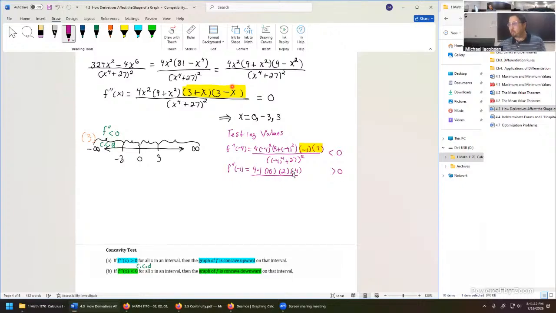Guess it's not so bad to plug it in. We put a -1 here, that's just going to be a 1 plus 27, so that's 28 squared. And as predicted, that is definitely bigger than 0. So we have positive here.